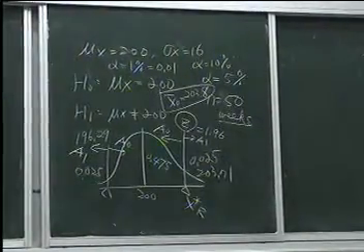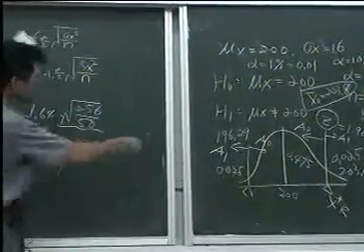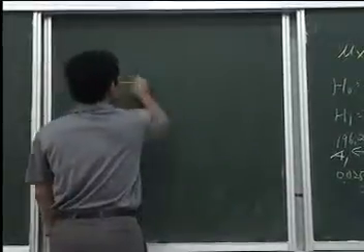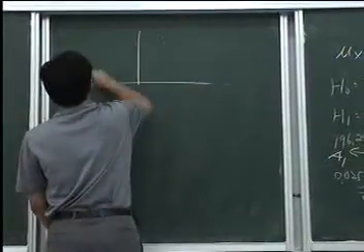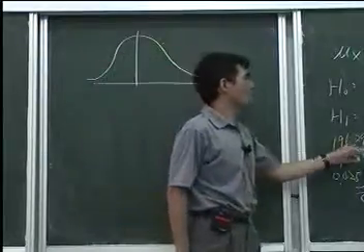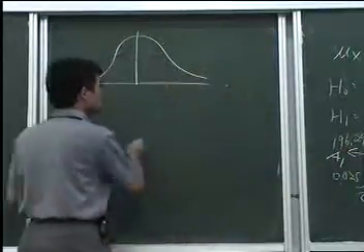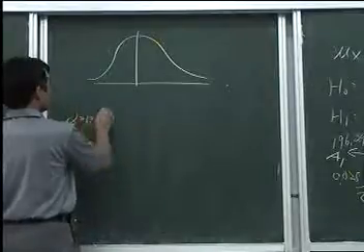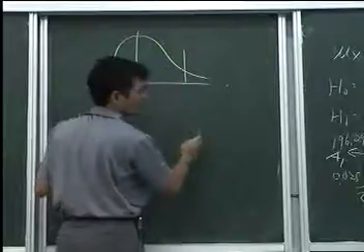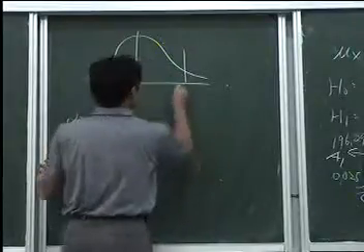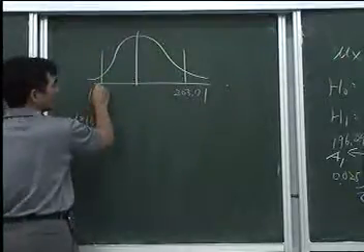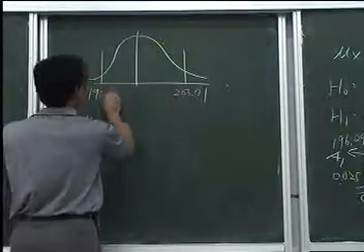Then let us stick to the original question, and we want to calculate beta. Let me draw the diagram again. And let us stick to the 10% case. So now alpha is equal to 10%, and we know the critical value here is 203.71, and here it is 196.29.